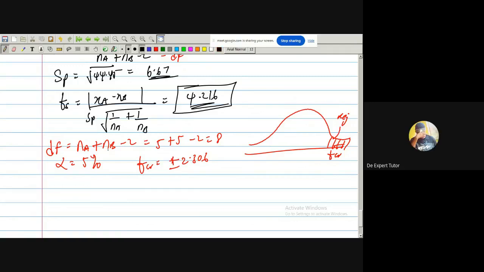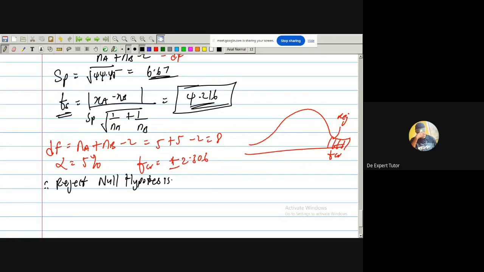Therefore, we reject the null hypothesis. Why? Because the test statistic enters this rejection region we have here. It has exceeded this value. So we reject the null hypothesis.